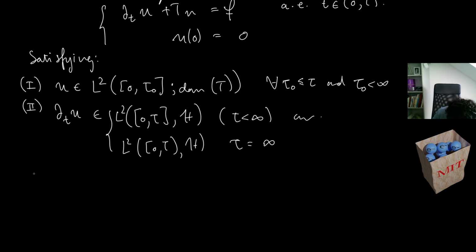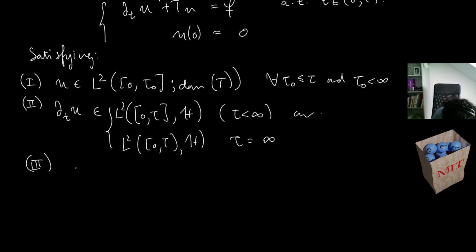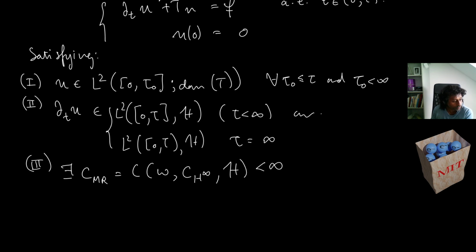And the third point is the most important point here. There exists some constant, C_MR, which depends on the angle of sectoriality, the H infinity constant, maybe the Banach space, all of which is finite.